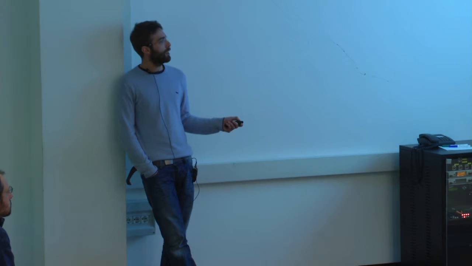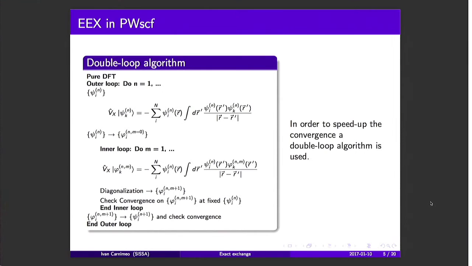And when we are at convergence, we update the density matrix. So we use the new psi functions in order to build the new density matrix, and then we start again from here. So basically, the SCF with the exact exchange is an iterative procedure in which we start from a density matrix, we optimize the orbitals, then we update the density matrix, we optimize again the orbitals.